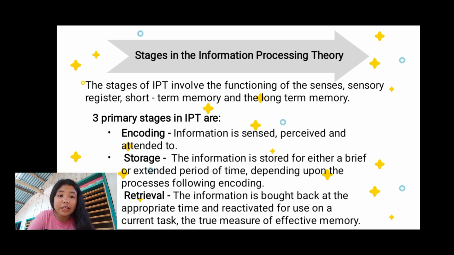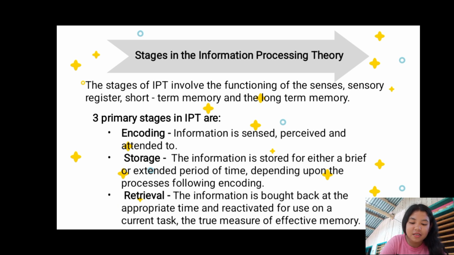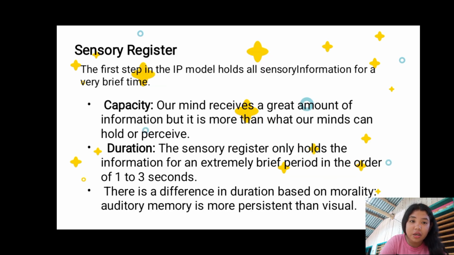Another example for retrieval: you're going to use the knowledge that you have learned, like the example earlier about encoding, that you're going to use the knowledge that you have learned from your teacher. That is retrieval. And next is the sensory register. What is the sensory register?